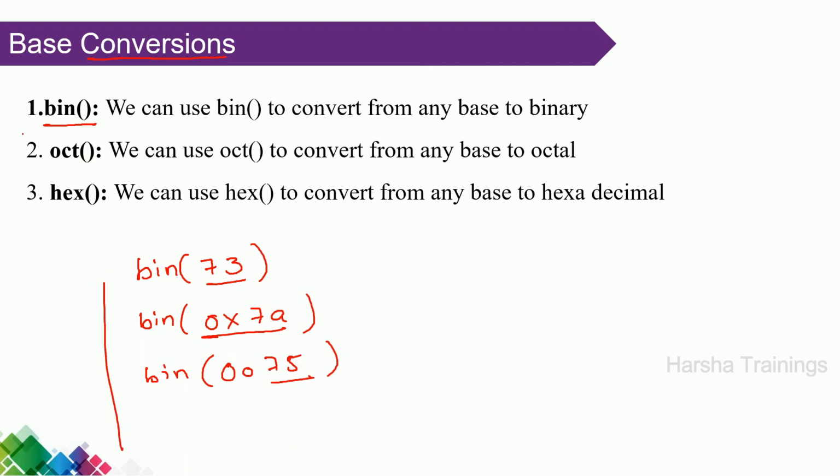What is the meaning of this? Bin is the function to convert any base into binary. Oct exactly converts any base into an octal number. Hex converts any base into a hexadecimal number.